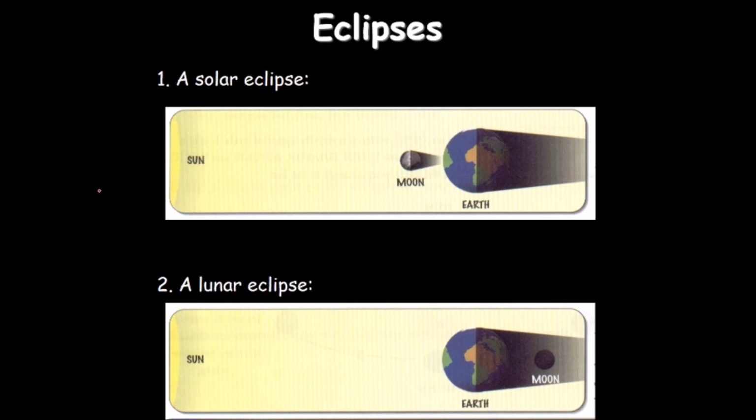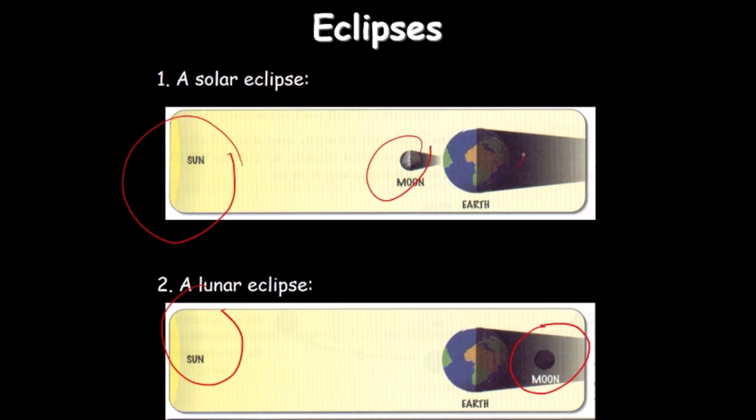You can see that, for example, the sun is first here, sun is first here. Moon is here, moon is over here. Earth is over here in a solar eclipse. Earth is over here in a lunar eclipse. Okay, and you'll get to learn what the penumbra and umbra mean. So stay tuned for that, and thank you for watching your introduction to space.